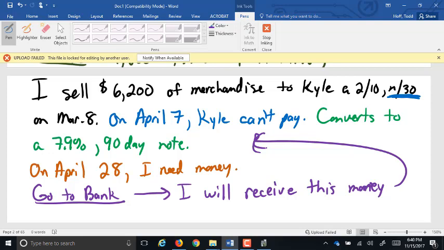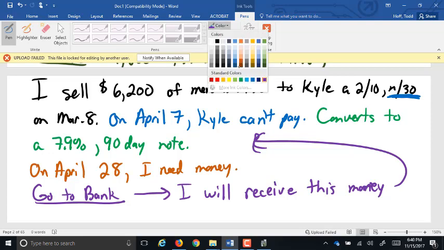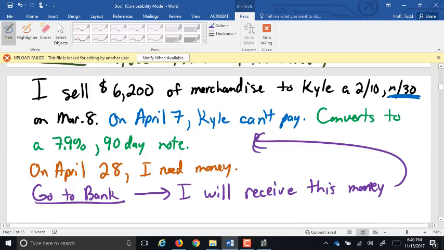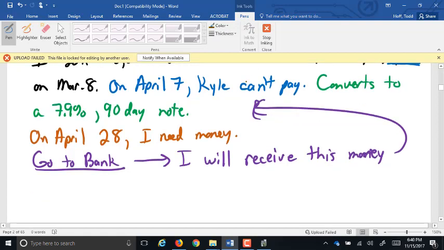Now, this is very similar to that example we just did. I'm going to have the $9,800 coming in 90 days, or on a certain day, 53 days, I guess it was. Well, here I'm going to have the money that Kyle owes me coming in. Before the bank is going to even discuss this with me, they're going to define the amount that I have coming in.